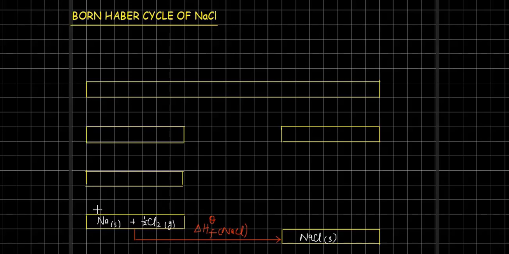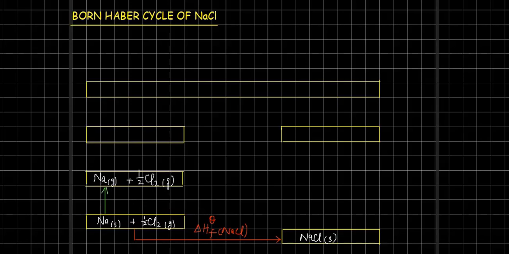Now in the first step, we are changing sodium from its natural state to gaseous state. Right? Sodium atom in its gaseous state, keeping chlorine the same.